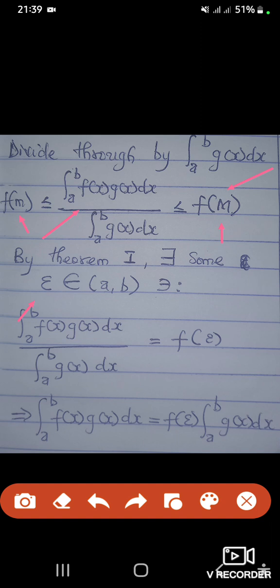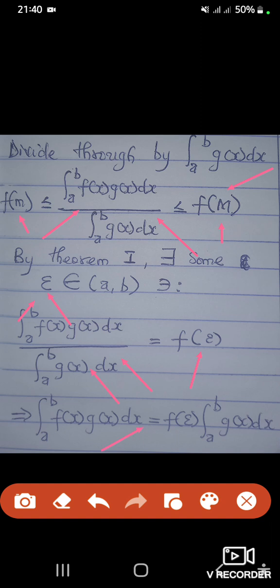In theorem 1 we found some c, but in this case it's just a change of notation. We can find some epsilon in that interval such that, what do you see at the center? This. Remember, we use what is at the center. So the function at epsilon should be equal to the value at the center, and this is the value at the center.